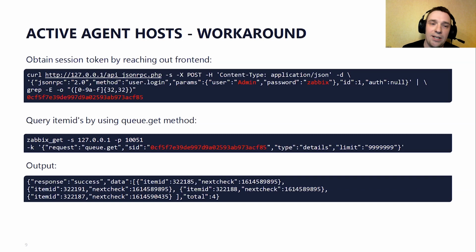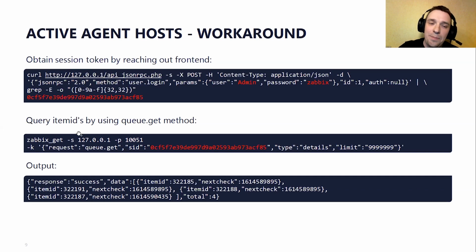So I'm offering to contact the API, which is required to obtain the session key. That's the first step. We are using the username admin with the password zabbix, and the session key is here. Now, in the first step, we are contacting the front end, which must be online. 127.0.0.1 is the address of the front end.